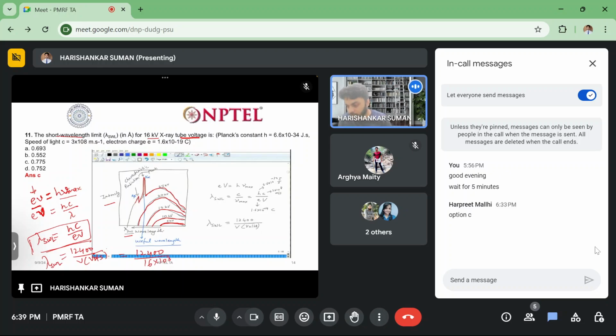Okay, 12400 divided by 16 times 10 to the power 3. This is 0.775, in angstrom.